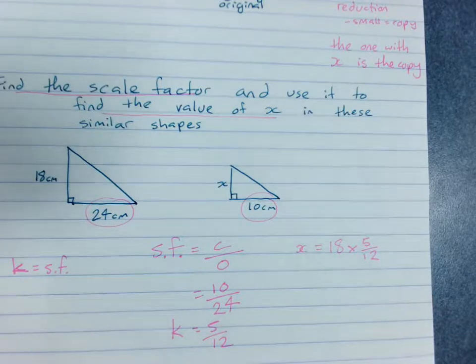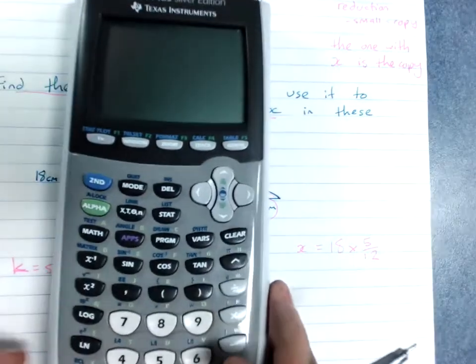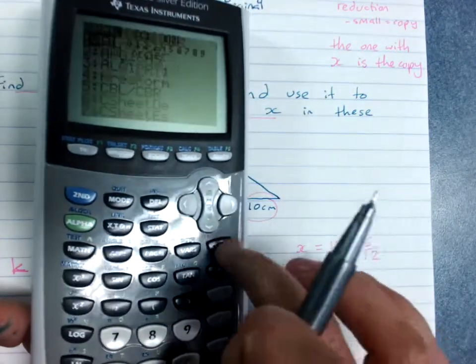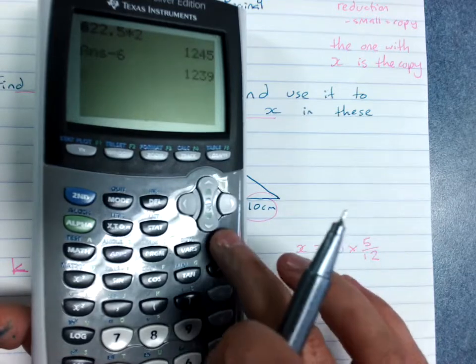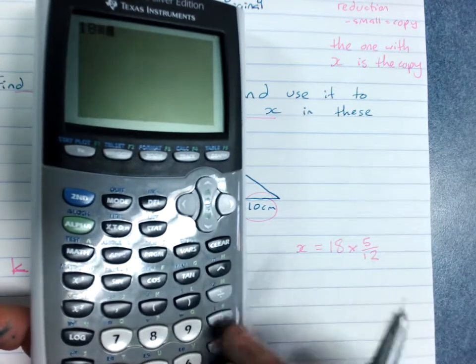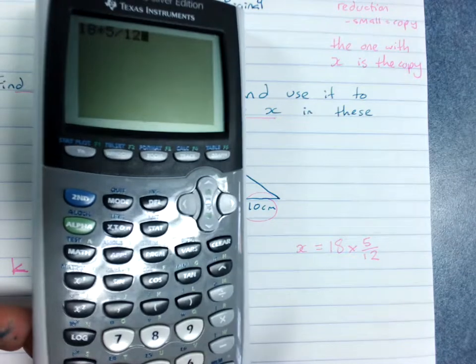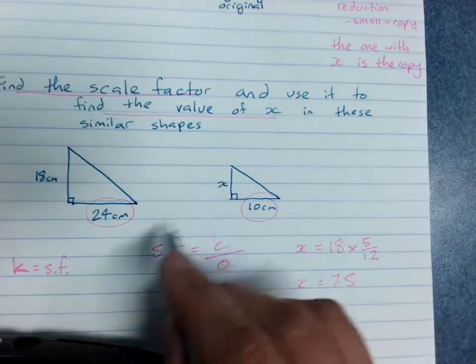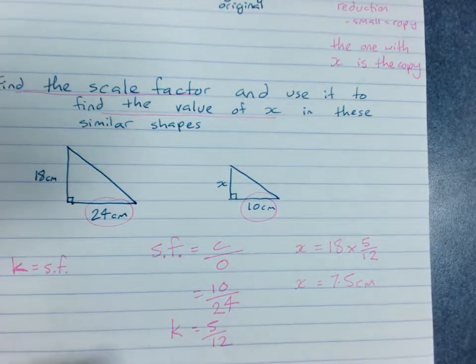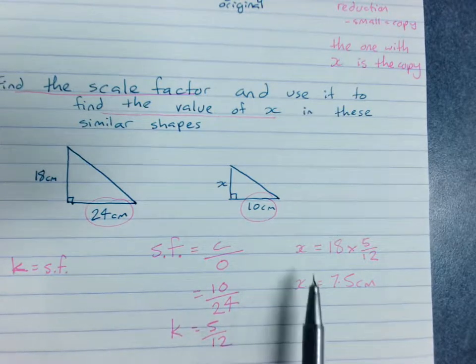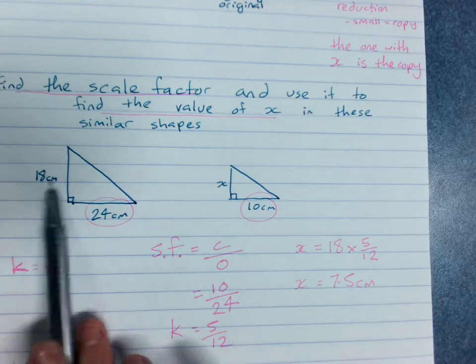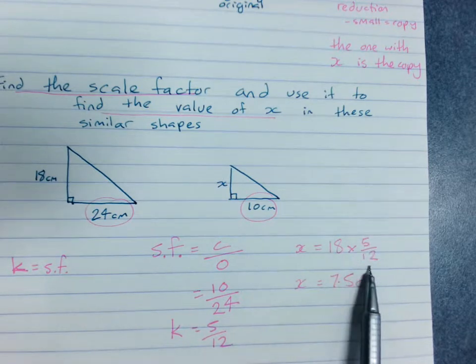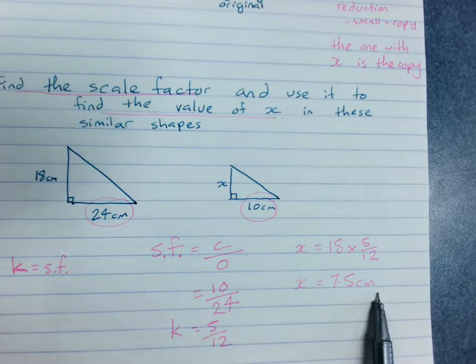I'm sorry, I should find a better calculator. So I have 18 multiplied by 5 over 12 and x is 7.5, and we're in centimetres. So that is finding a scale factor and then multiplying a matching side by the scale factor to find an unknown.